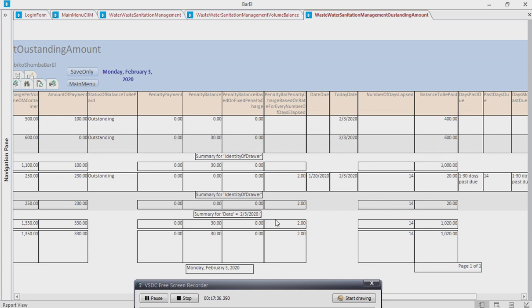This one is 20. The overall balance to be paid is 120.